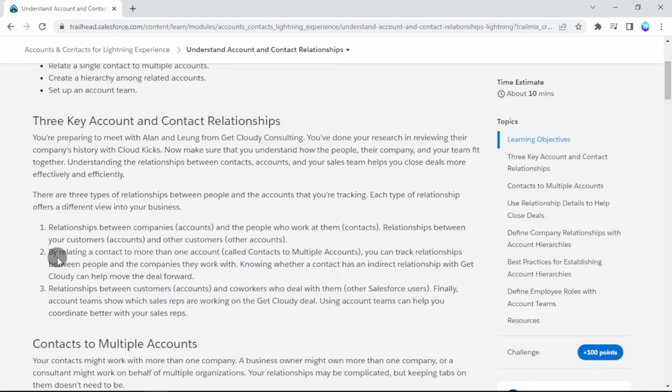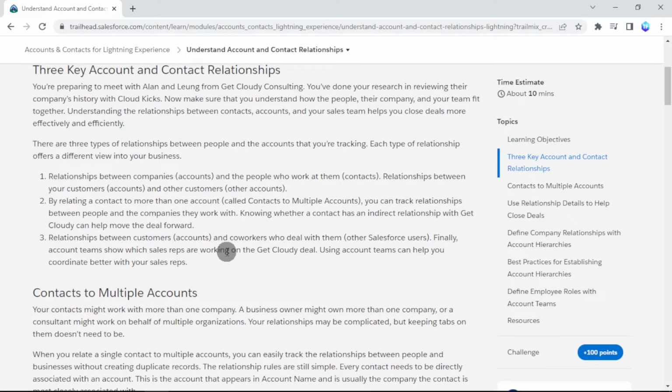The second one is by relating a contact to more than one account, that is called contacts to multiple accounts. In that we can track relationships between people and the companies they work with, knowing whether a contact has an indirect relationship. The third one is the relationship between customers and co-workers who deal with them, that is accounts and other Salesforce users.